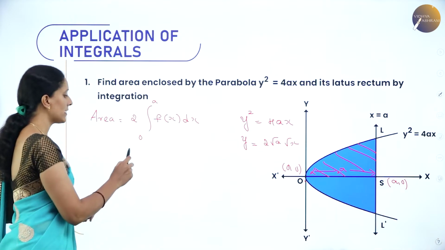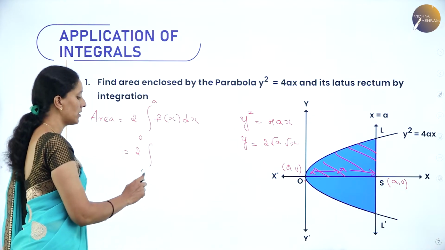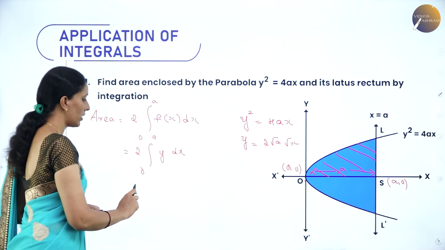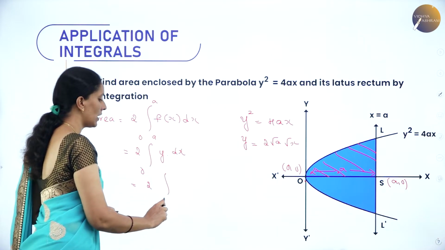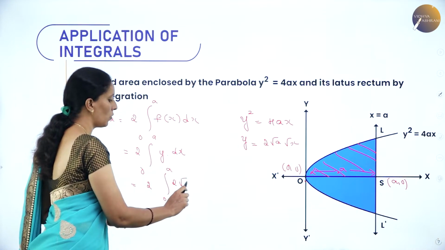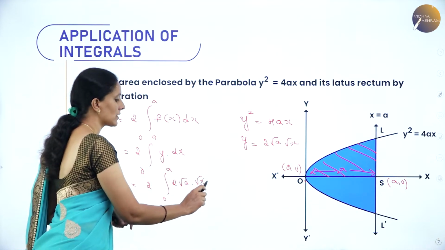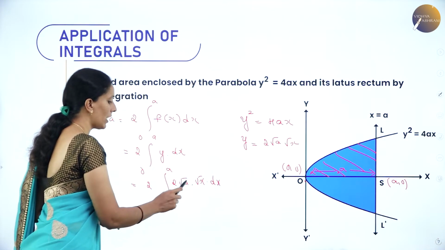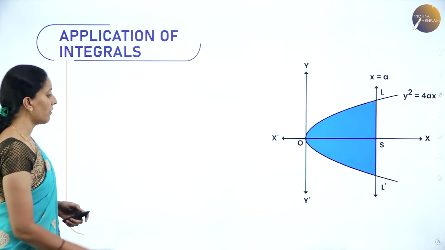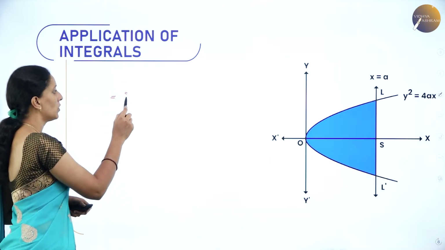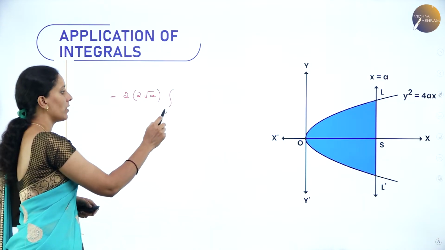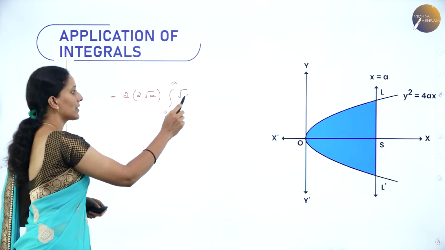So here the area is 2 times the integral from 0 to a of y dx. So it becomes 2 times the integral from 0 to a of 2 root a into root x into dx. We can take 2 root a outside because it is a constant. So this becomes 2 into 2 root a, integral from 0 to a of root x dx.